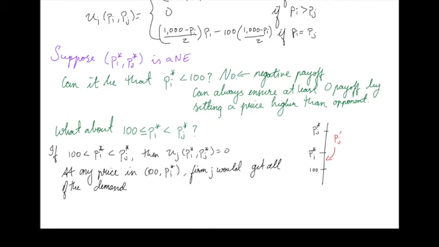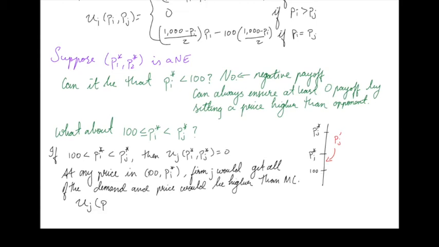Moreover, the price would be higher than the marginal cost. So firm J's payoff from picking PJ prime, strictly between 100 and PI star, would be strictly greater than 0, which is what their payoff would be from picking PJ star. This contradicts the assumption that we had a Nash equilibrium. So PJ star is not a best response to PI star, and this couldn't have been an equilibrium to start with.